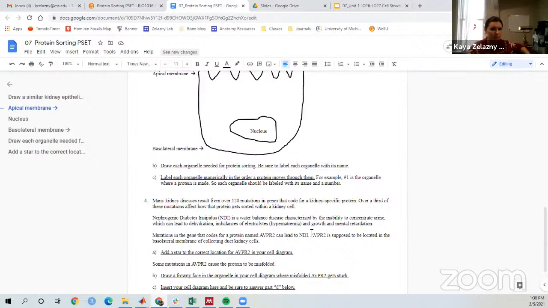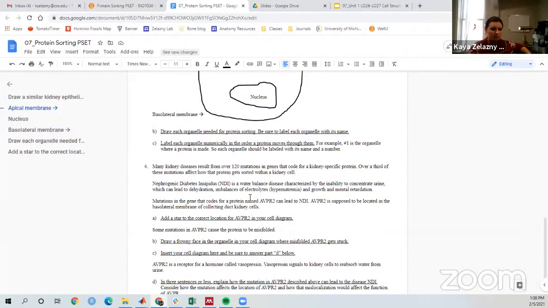So sometimes this protein gets messed up. It's a protein that's partially responsible for our water balance. So you're going to read this little paragraph. You're going to critically think about it. You're going to then look back at your cell, put a star where that protein should be, okay? Should be in its normal function.